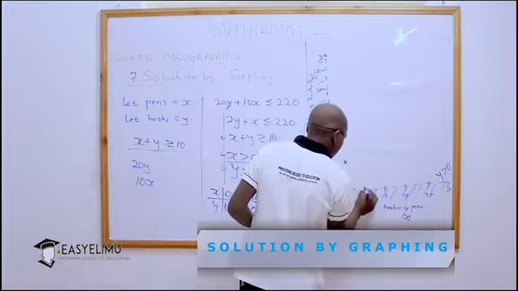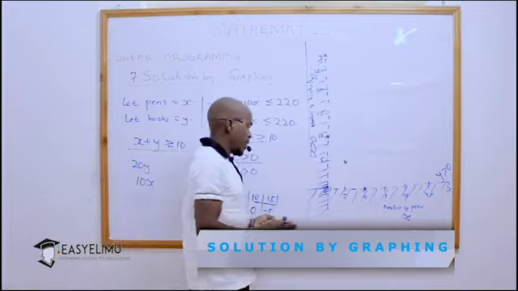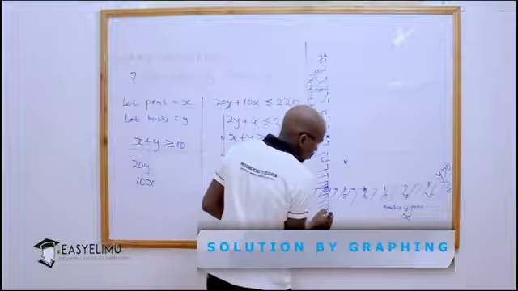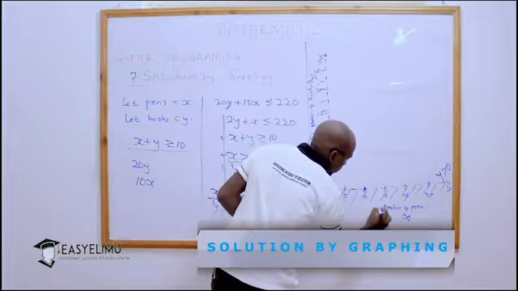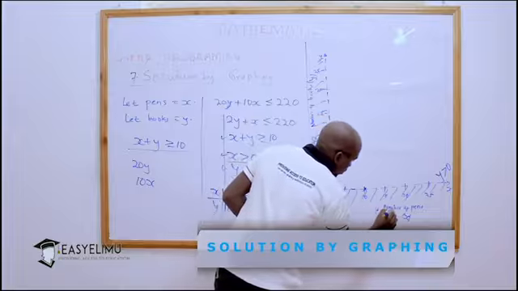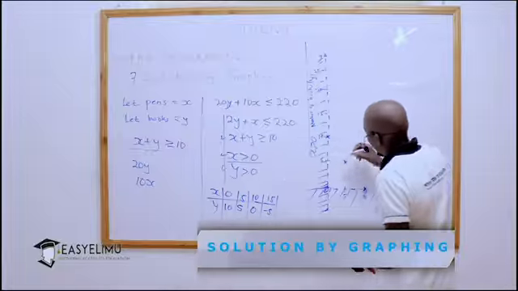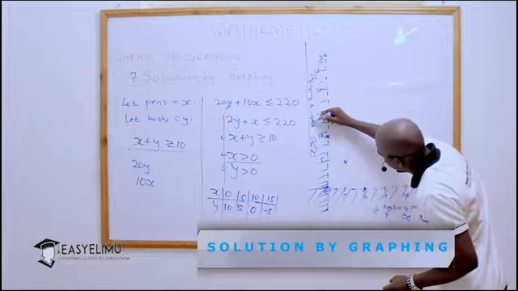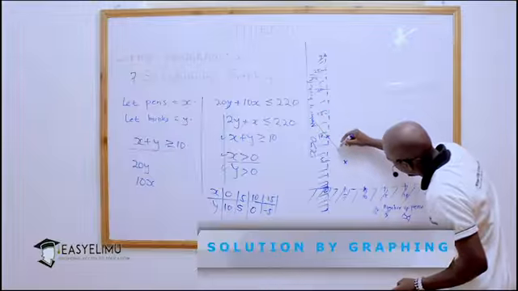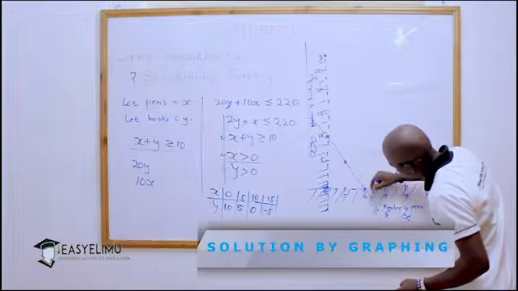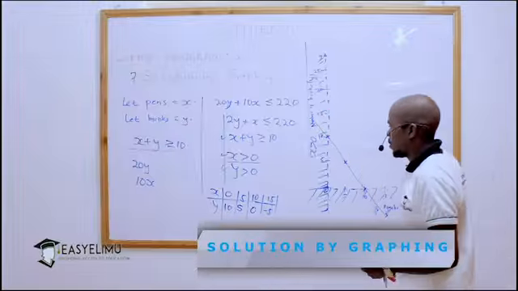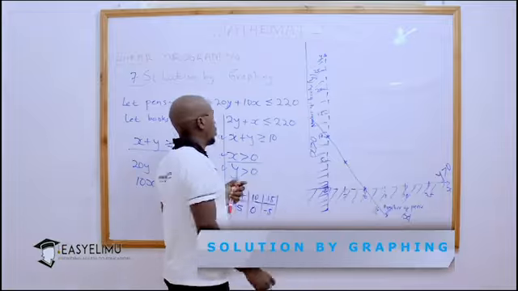If x is 10, it will be here, 0. And so on. If we plot downward, it will be somewhere here, meaning we have a straight line passing through those points.